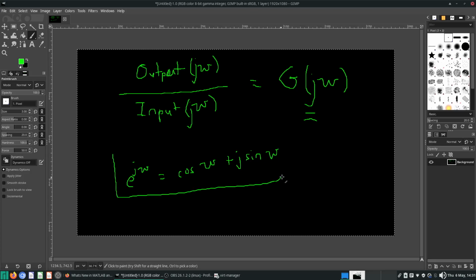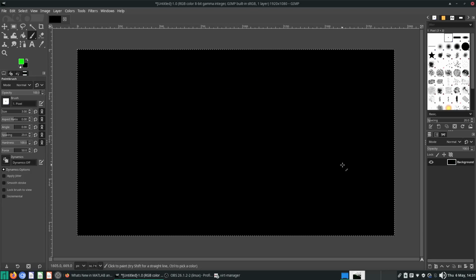My bad, there's no j omega in the cosine. So this is Euler's formula, so that you connect imaginary frequencies or imaginary exponentials with sines and cosines. This one is a basic thing.